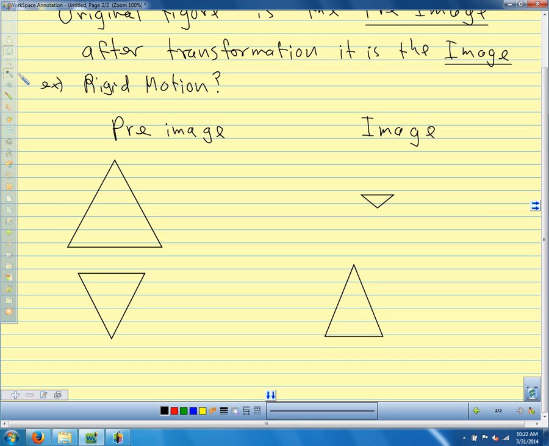Got a few people shaking their heads. So it could be a translation and then a rotation, or a reflection and then a translation. Some combination of rigid motions would make this. So we said the last one was a no, and this one does appear to be a rigid motion. We could move it, rotate it, reflect it, and get it to look exactly like this.